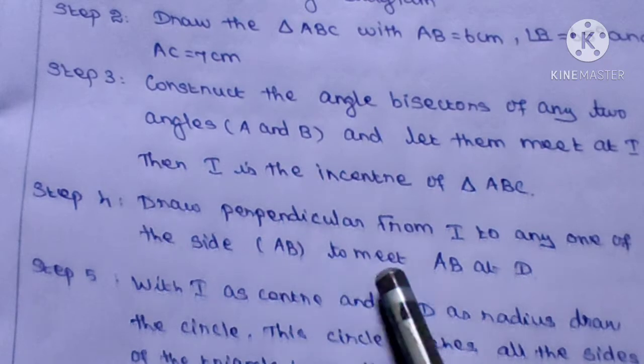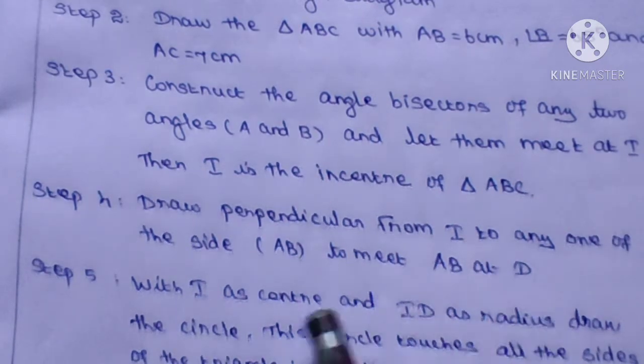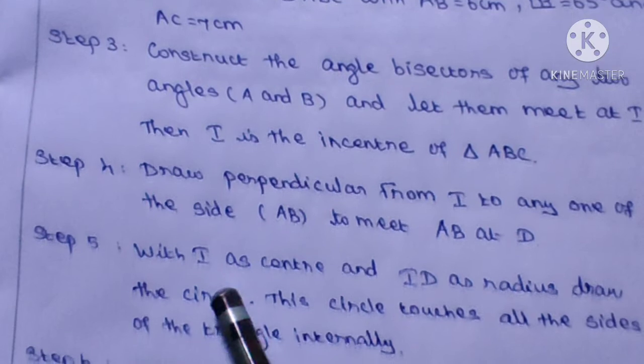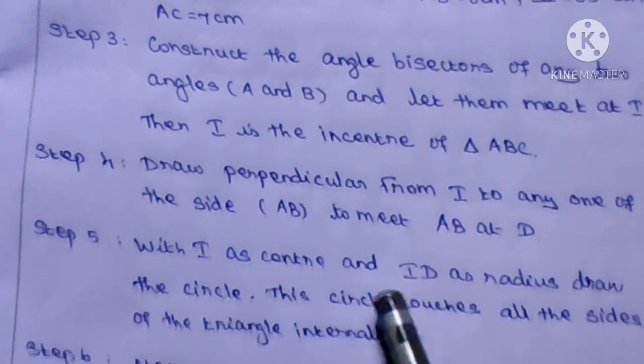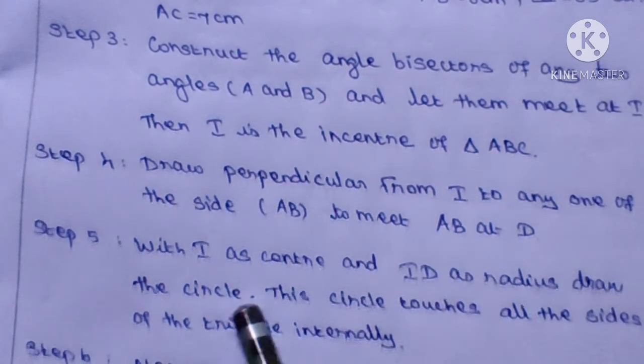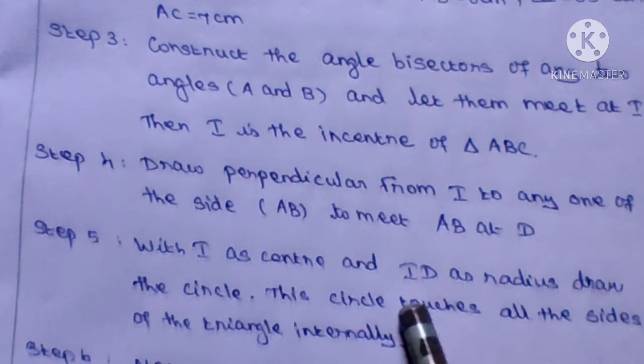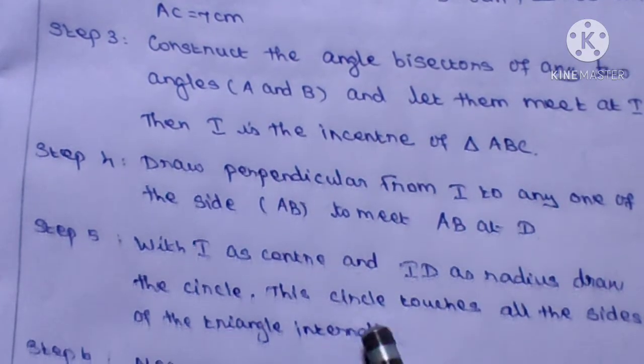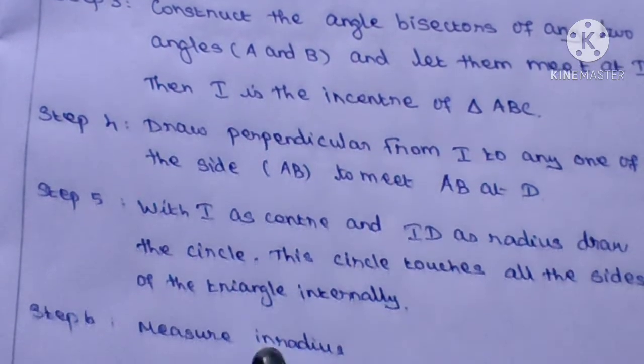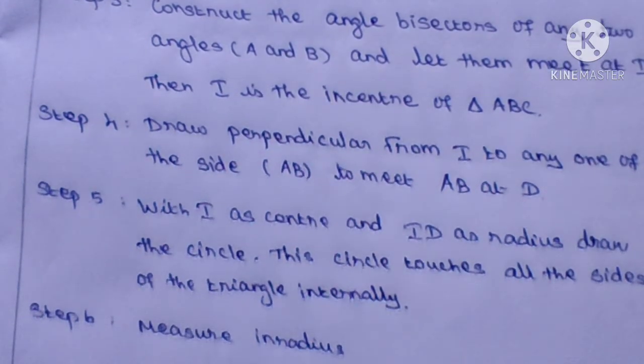I will take the side AB, to meet AB at D. Step 5, with I as center and ID as radius, draw the circle. This circle touches all the sides of the triangle internally. Then step 6, you measure the inradius. Find out the inradius measurement using the main diagram.